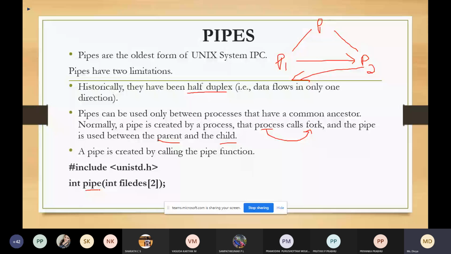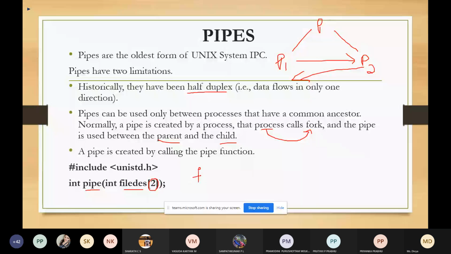Here we have one parameter, an integer array with two values. These stand for file descriptors. The two file descriptors are returned through the fd argument.